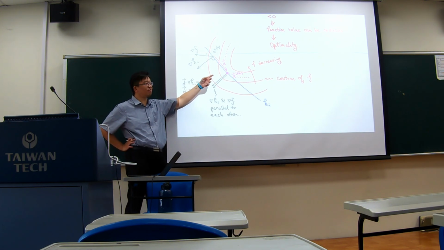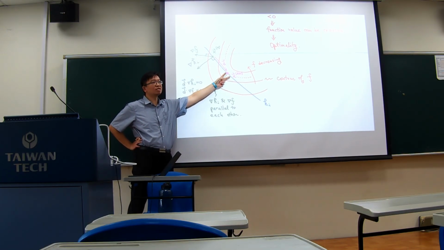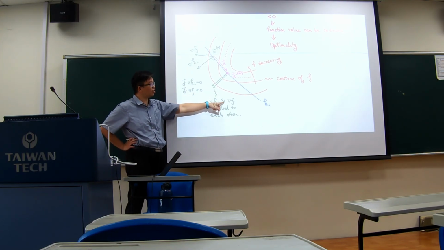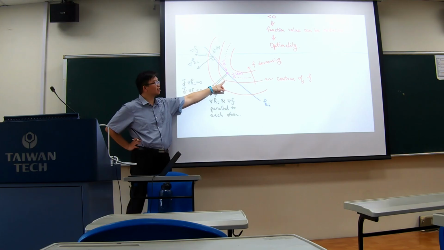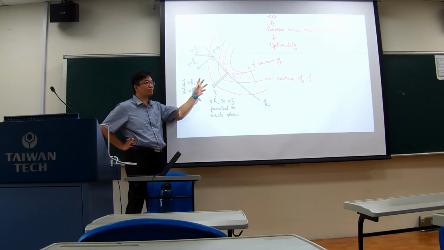That remains feasible. But that movement is also perpendicular to gradient f, and the dot product between them will equal 0.